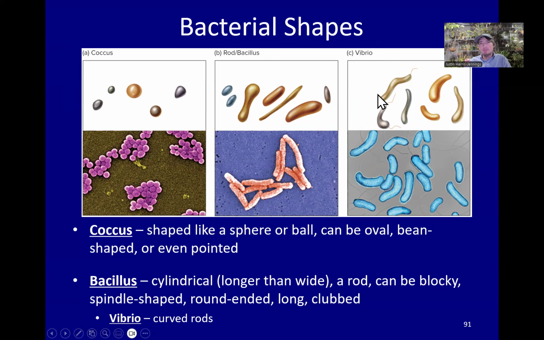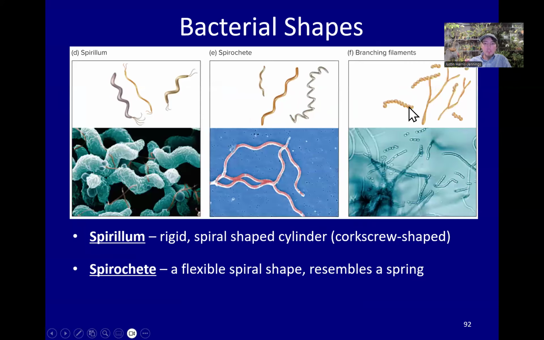Some more specialized ones are Spirillum and Spirochete, the rigid spirals and the flexible spirals or helixes.